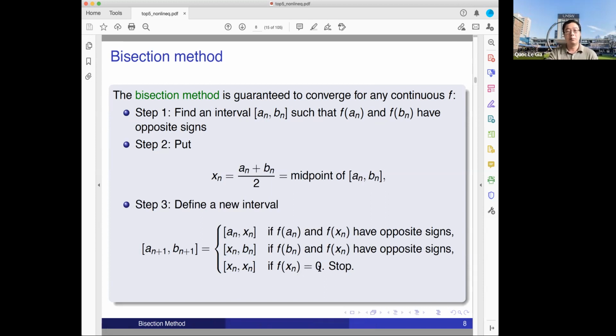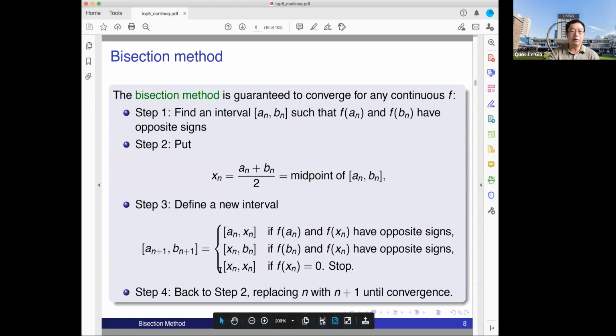It could be machine epsilon, or some tolerance you gave when you stop the algorithm. If you haven't found the zero, then you just go back to step 2, find another subinterval and do it again and again, until you get the solution.